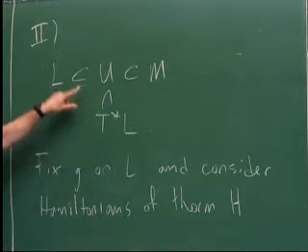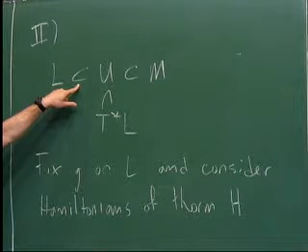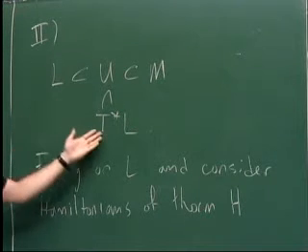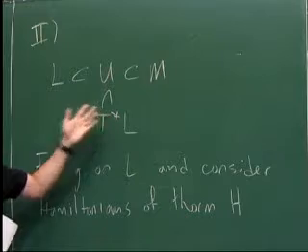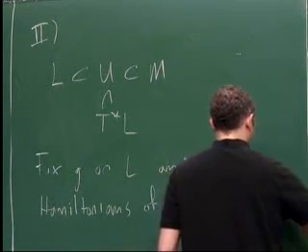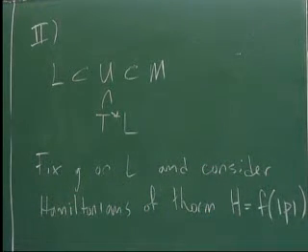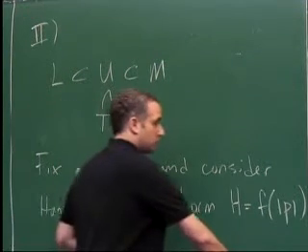These will be supported inside of U. These Hamiltonians would be 0 outside of U, and inside of U we have standard p, q coordinates. So H will be some reparameterization of the norm of P with respect to G, where F will be a function of the following type.